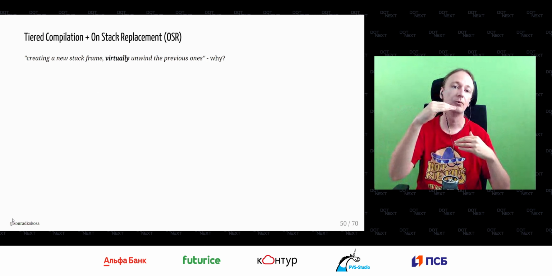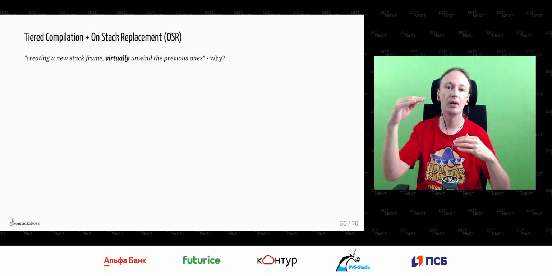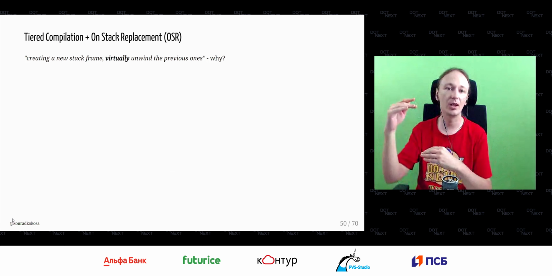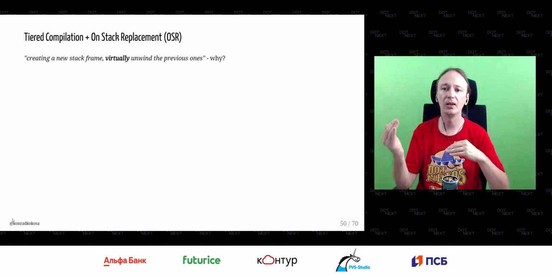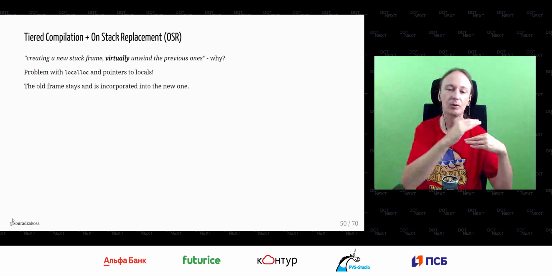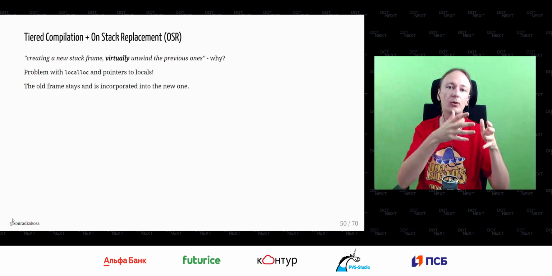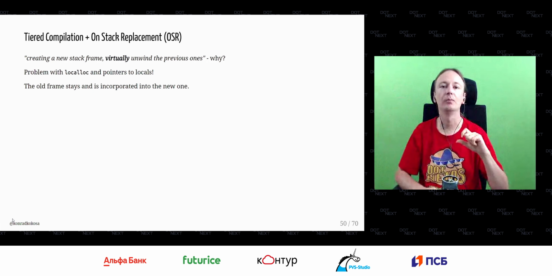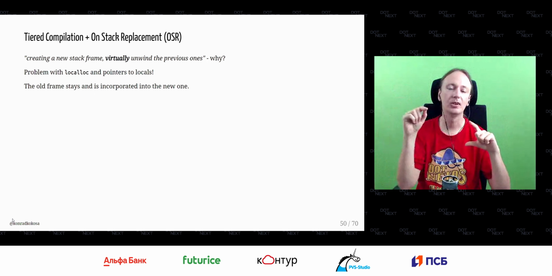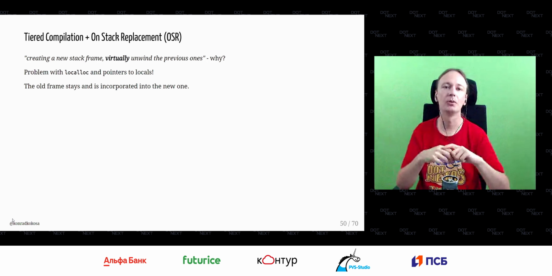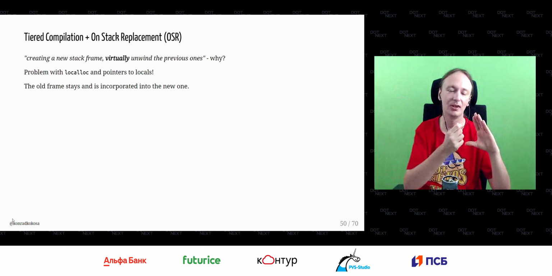For example, when we create this new optimized version, in fact, we need to create a new stack frame for this new optimized version, but we cannot get rid of the previous one because there can be some objects like local alloc objects or anything which was local for this particular frame, and we get an address of it, so we cannot get rid of this object because someone is using the address of it.